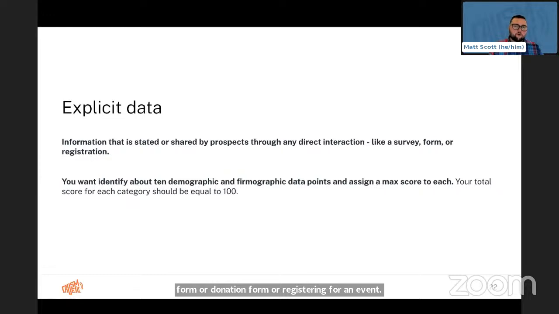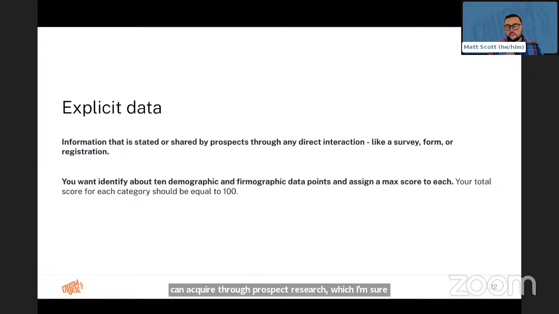Examples include demographic and firmographic data. Demographic data are things like job title, things like the donor's age. Firmographic data are things like the donor's net worth or the donor's annual income. Those are things that you can acquire through prospect research, which I'm sure many of the folks on this webinar do.